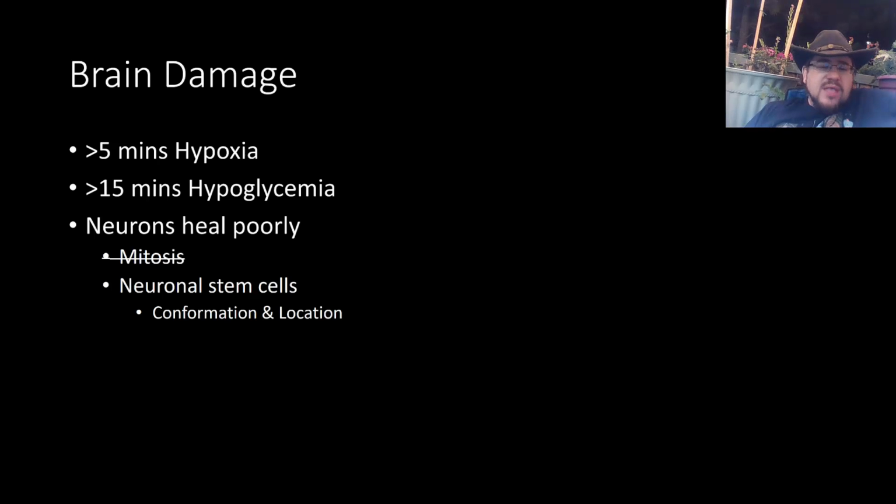Conformation and location. These stem cells are not necessarily right at the perfect location to replace the damaged neurons. Furthermore, it just produces a neuron. It does not automatically produce a neuron with all of the original connections that the damaged neuron made.